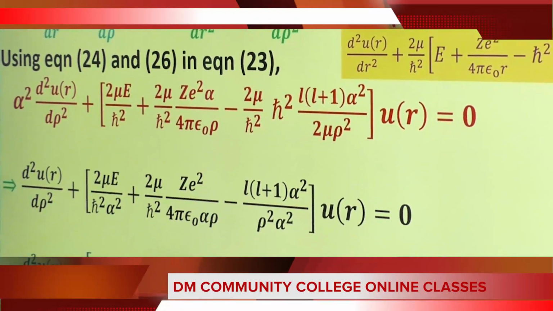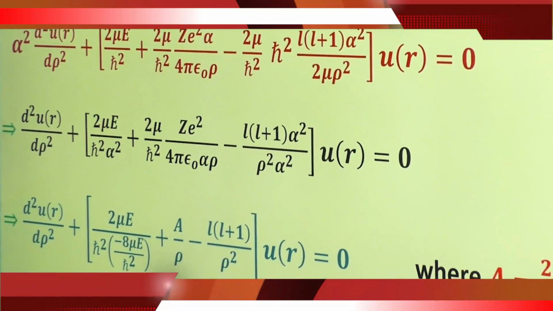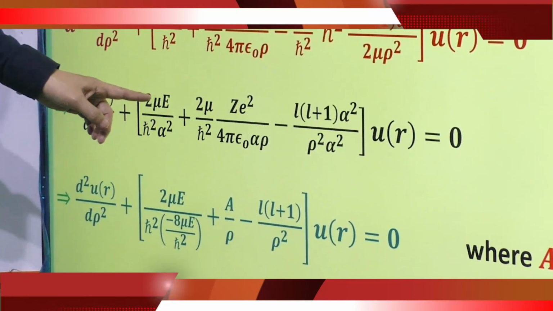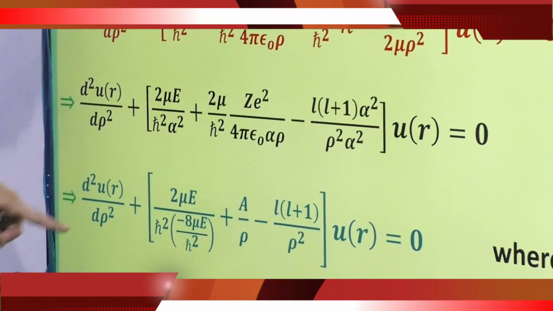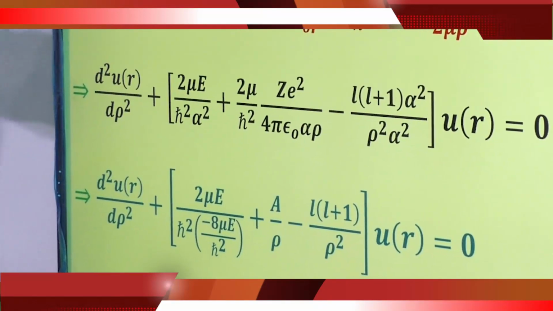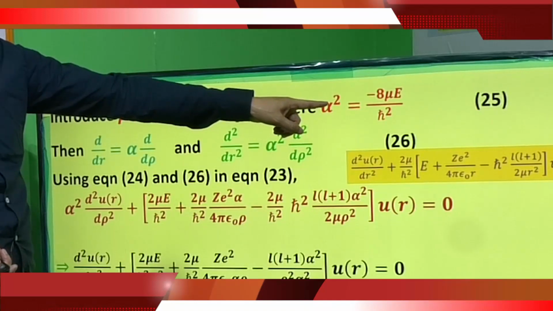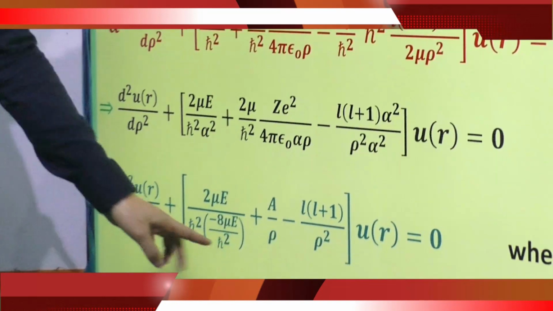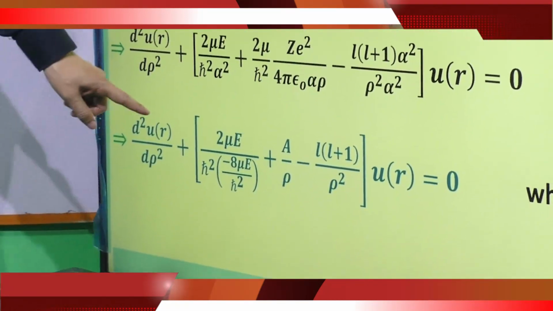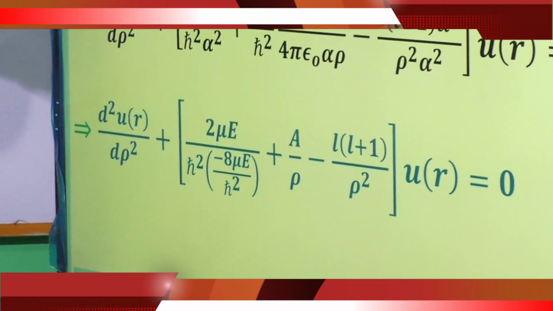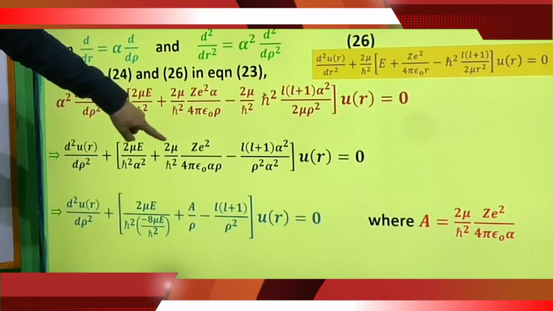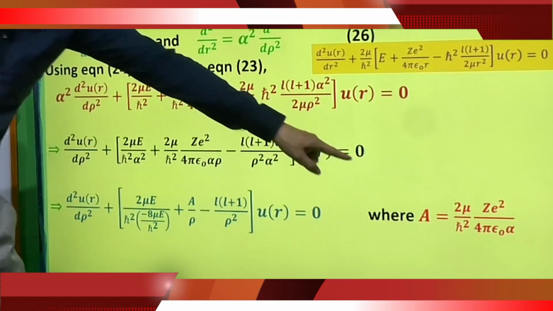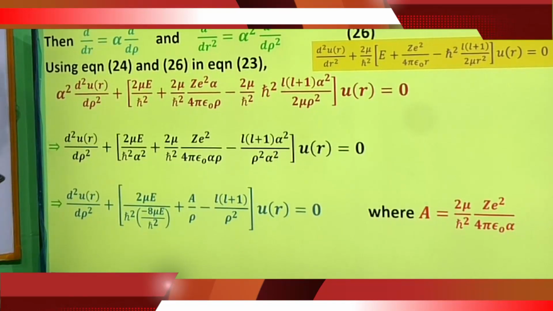Now, on further simplification, the first term has no change. The second term here, this alpha square value, we know that alpha square is given by equation 25, which we call minus 8 times mu E by h bar squared. That value is inserted here. And the whole core things from here, twice mu Z e square over h bar squared 4 pi epsilon naught times alpha, I call it capital A for simplicity.